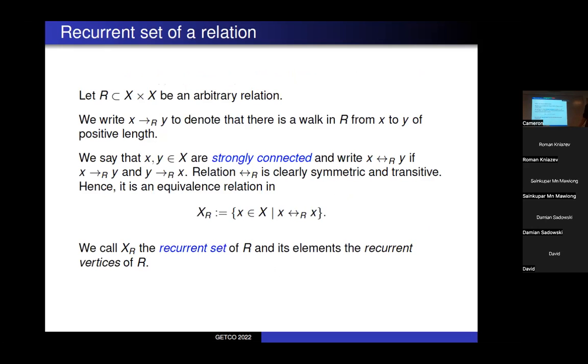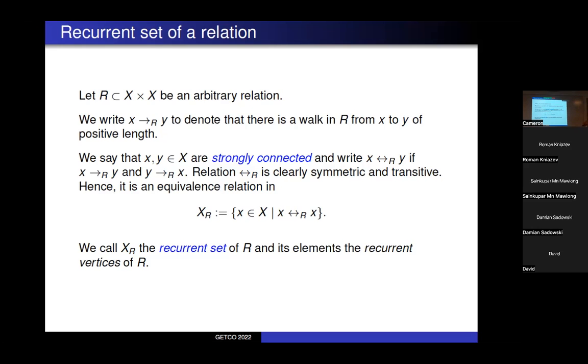Just a few notions, a few symbols here. The arrow here means that there's a walk or path from one point to the second point in R. We say two points are strongly connected, and we denote it by a double arrow, if there is a path from one to the second and back to the first.